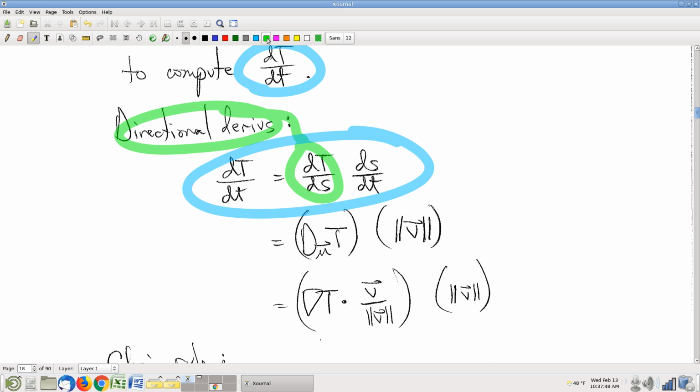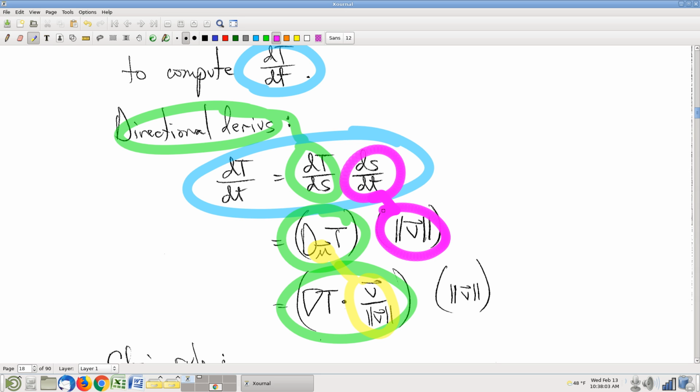That directional derivative, of course, you can compute in the usual way. Don't forget, your velocity has to be a unit vector in order to use directional derivatives. Your ds/dt, of course, is speed, which is the magnitude of the velocity vector. So that's a calculation that you could do. We rewrote this problem in such a way as to use our brand new, shiny directional derivative.